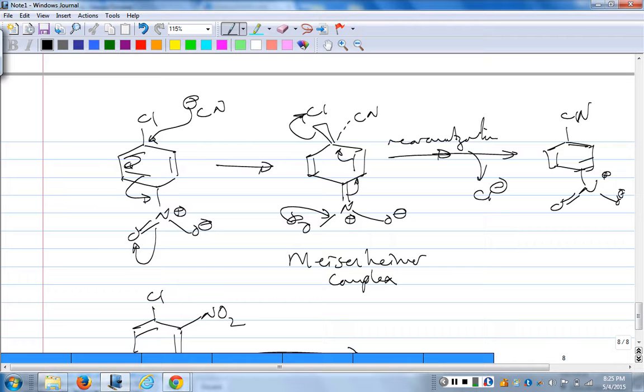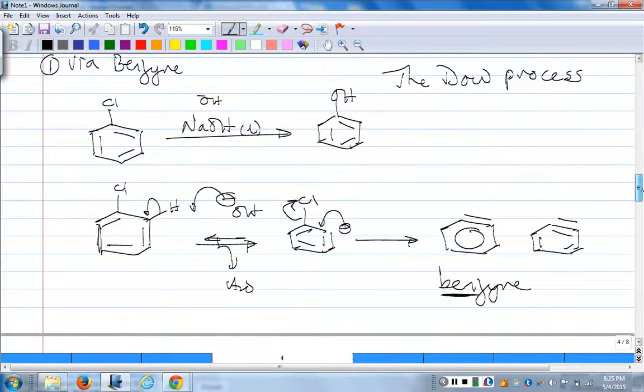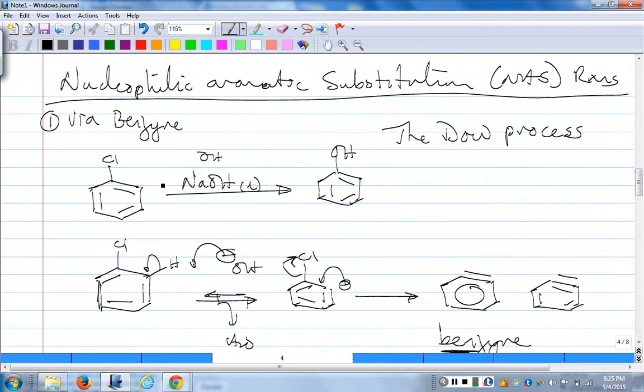I'm using aqueous cyanide. I'm using cyanide in DMSO. I'm using iodide in acetone and stuff of that nature. To do the benzyne, I have just the naked leaving group, unstabilized in any way, and I'm using very forcing conditions, so molten sodium hydroxide.